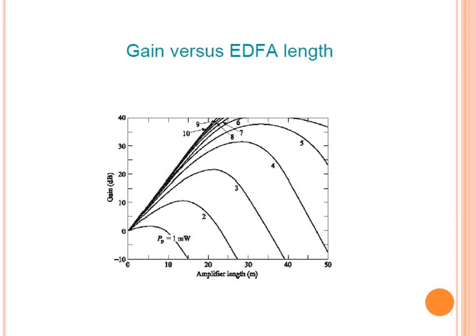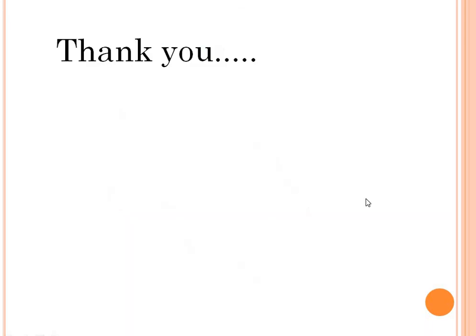As the fiber length increases for low pumping powers, the gain starts to decrease after a certain length, because the pump does not have enough energy to create a complete population inversion in the downstream portion of the amplifier. So this was about the EDFA amplifier. Thank you.